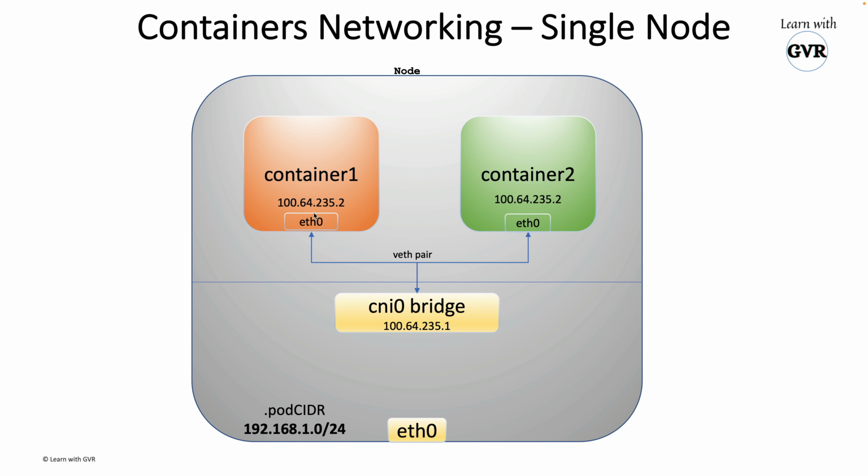Through this bridge, it will connect to the kube-proxy, kube-DNS, etc. There are many more interfaces in between, and the communication will happen internally within the one single node. So the concept here is cni0, this is a bridge, and it will have one IP.